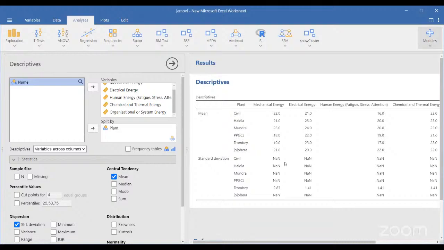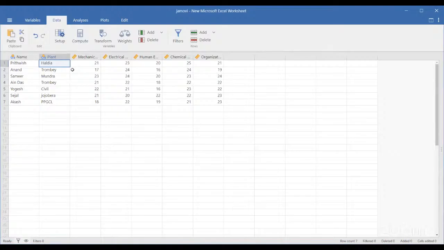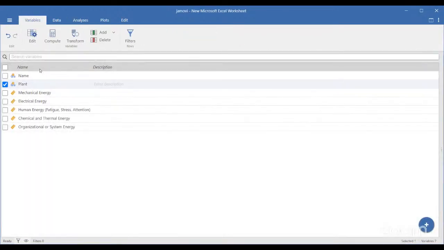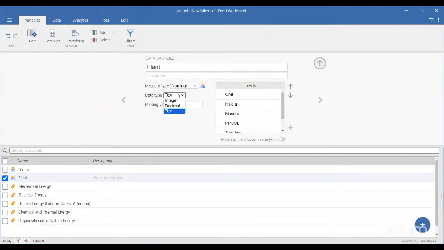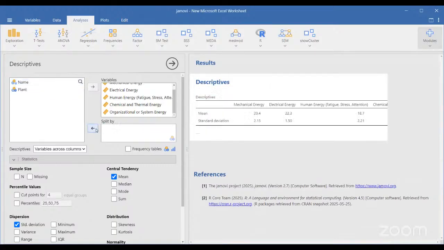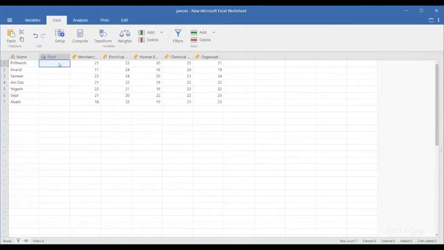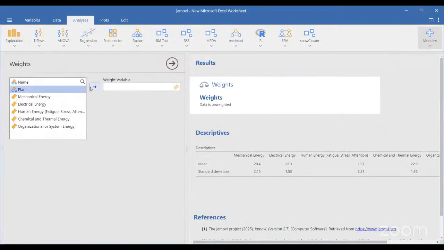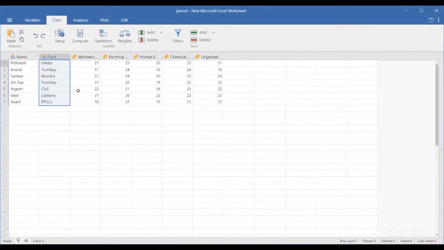Mean is coming, but standard deviation is not coming. It's not clear. So I don't know. Yeah, it is not coming.